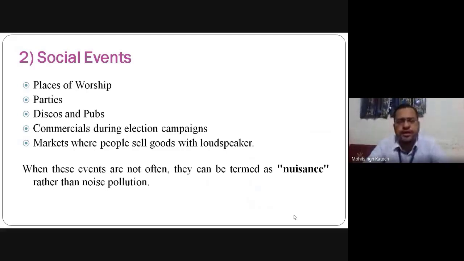If these type of social events happen on very rare occasions, we can say that these events are creating nuisance rather than saying that these events are creating noise pollution. So there is a basic difference between nuisance and noise pollution which we must keep in mind.